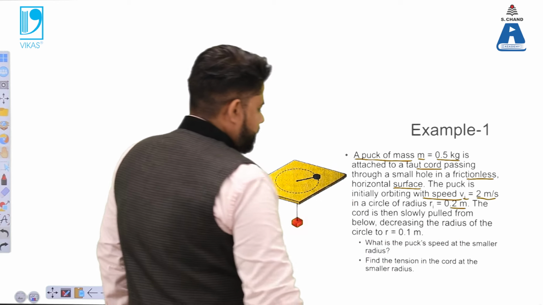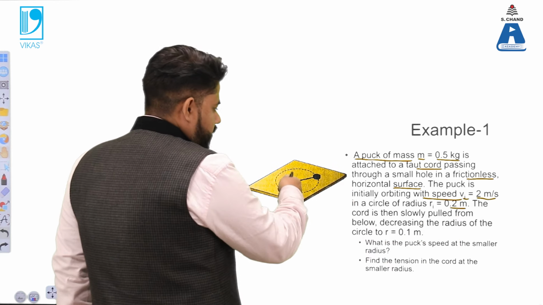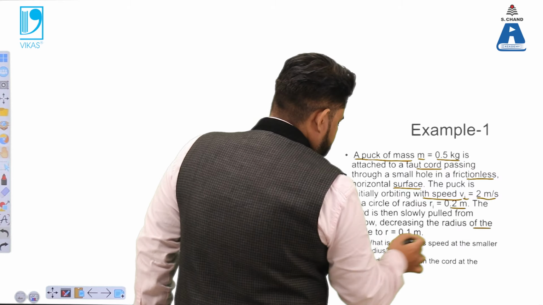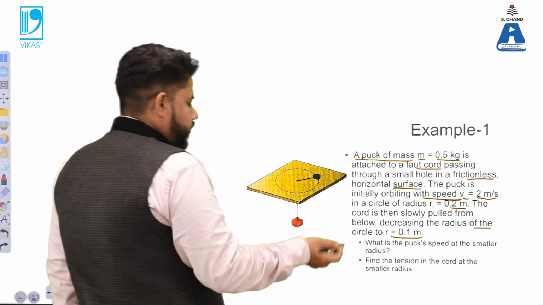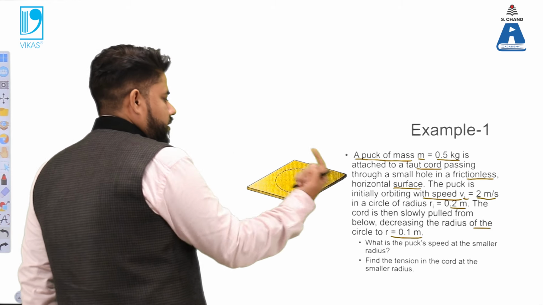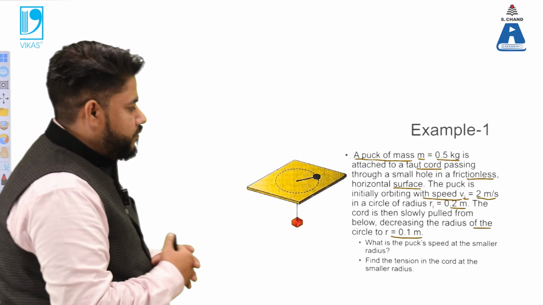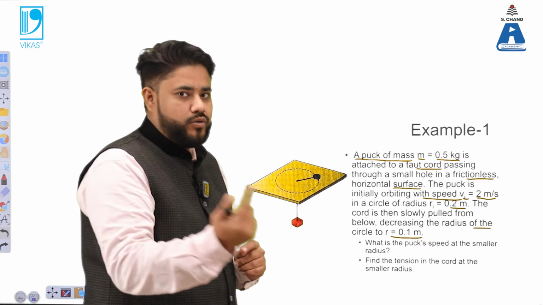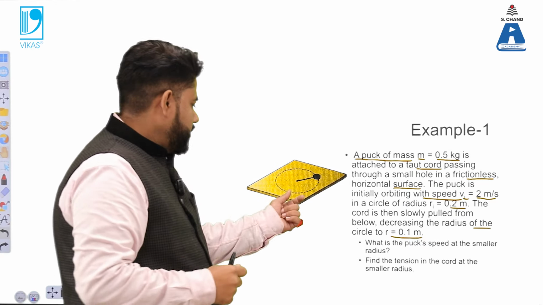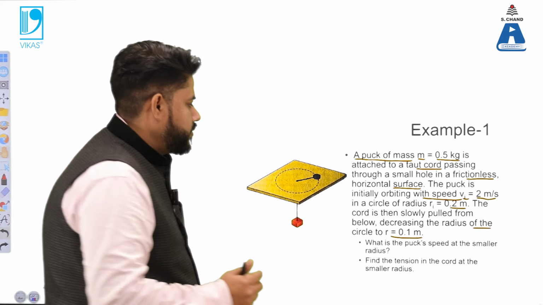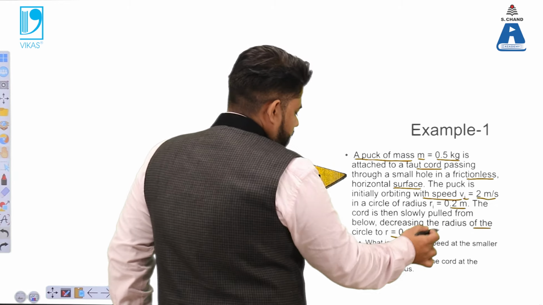Now this cord is slowly pulled from below, and it decreases the radius of the circle. Earlier it was moving with a velocity of 2 meters per second with a radius of 0.2 meters, but when it is pulled downward, the radius decreases and becomes 0.1 meter.